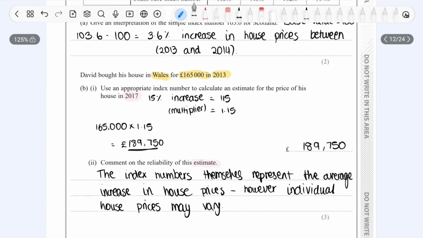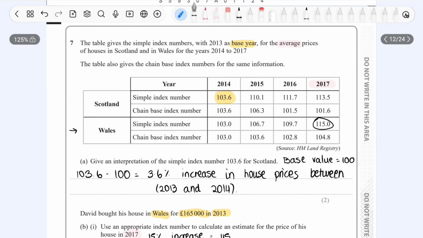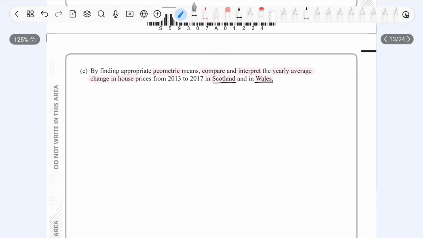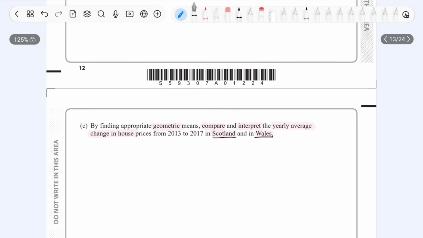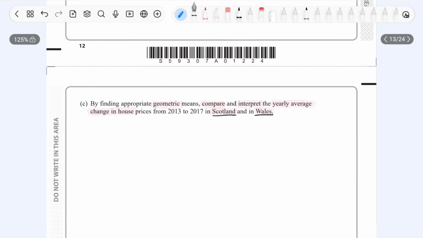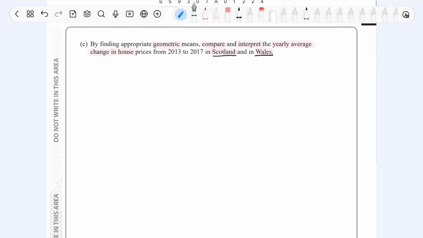So we're going to be looking at the table here and identifying Scotland and Wales. Now we've done this, we need to find the appropriate geometric means. Before I explain what a geometric mean is, we need to find which one this is for. So now we need to focus on another part of key information, the yearly average change in house prices.